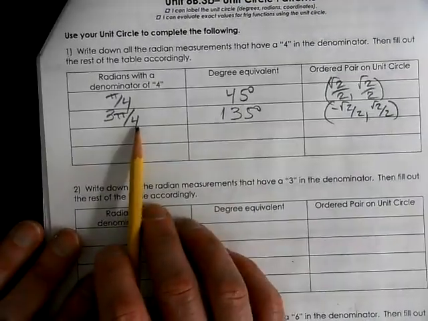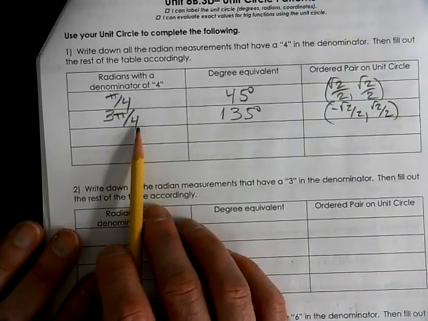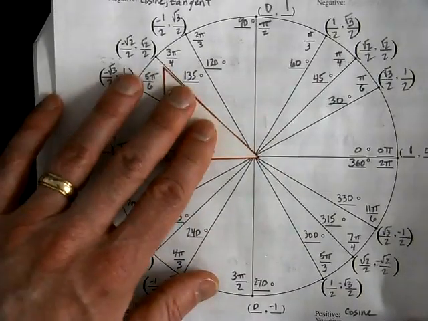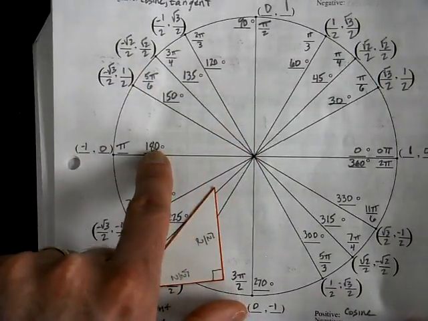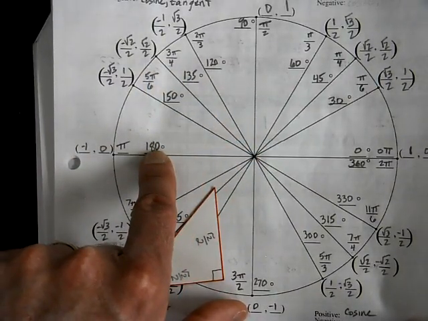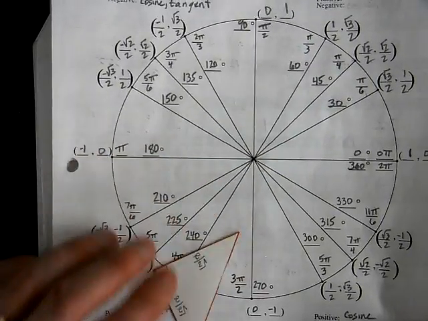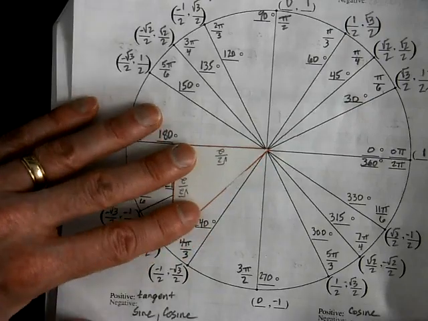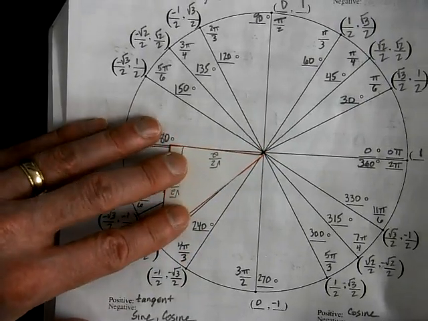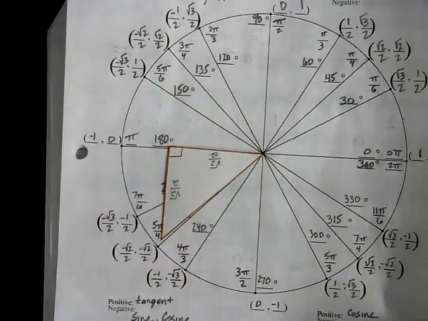We need another denominator that ends in 4. So if we go 45 more degrees, we'd come down here to 180. But it gets reduced, so we do another 45 degrees. So we get to 225 degrees.